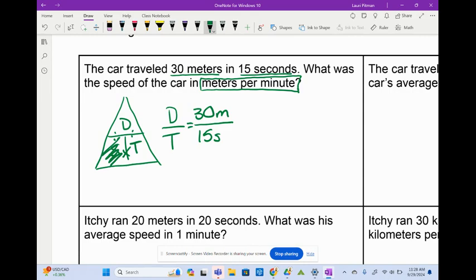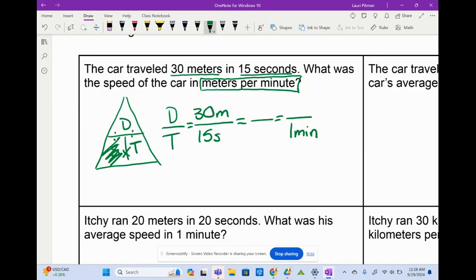So there's a couple of different ways that we can do this. The easiest way in my mind is to think about, okay, if I need to get to 1 minute, I just need to make my seconds equal to 1 minute. So how many seconds are there in 1 minute?